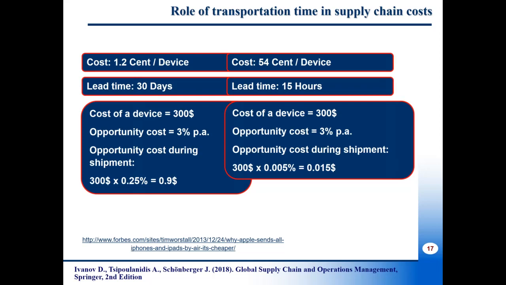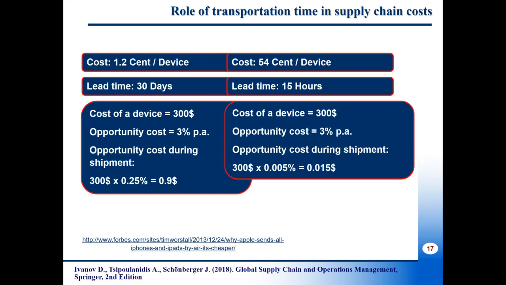In this slide, there is a question: how does transportation time contribute to reducing or increasing supply chain cost? A case study from Forbes magazine, the case of Apple iPhone and iPad delivery, can answer this question.